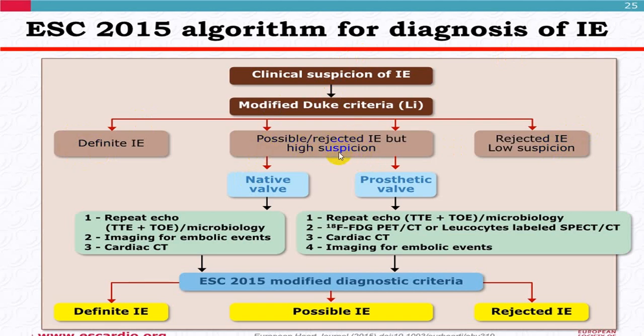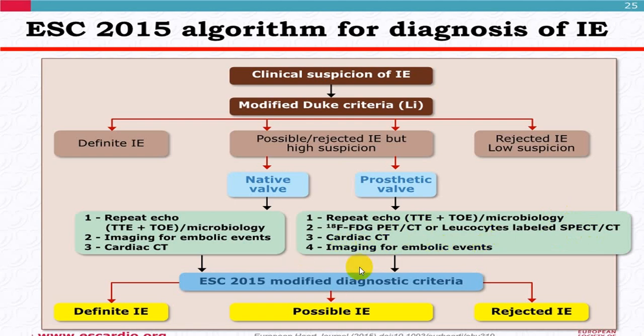And to reconfirm whether it is a native valve or a prosthetic valve, you undergo echo. And in that echo, you try to take the echo criteria, imaging criteria, and cardiac CT. Here you go for echo, microbiological studies, then FDG PET scan or SPECT scan, cardiac CT, or imaging for embolic events.